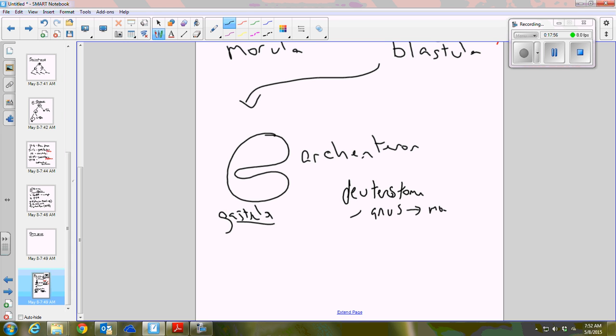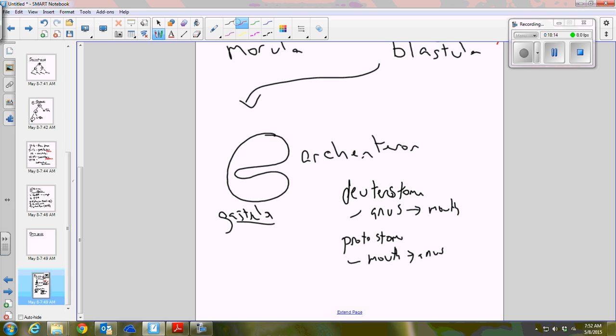This one's working anus to mouth, and protostome, first opening, is working the opposite way. And so these two openings meet in the middle, and you have the production of your digestive tube.